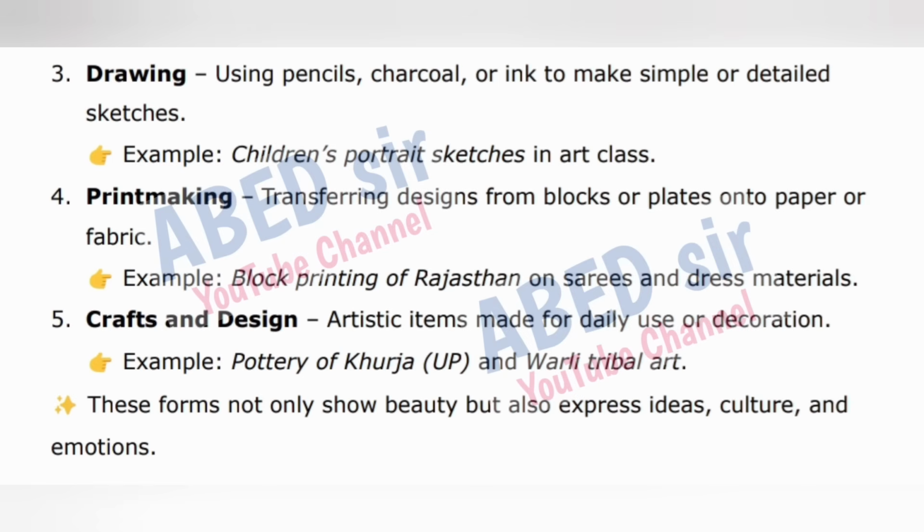Printmaking, transferring designs from blocks or plates onto paper or fabric. Example, block printing of Rajasthan on saris and dress materials. 5. Crafts and design, artistic items made for daily use or decoration. Example, pottery of Khurja, UP, and Warli tribal art. These forms not only show beauty but also express ideas, culture, and emotions.